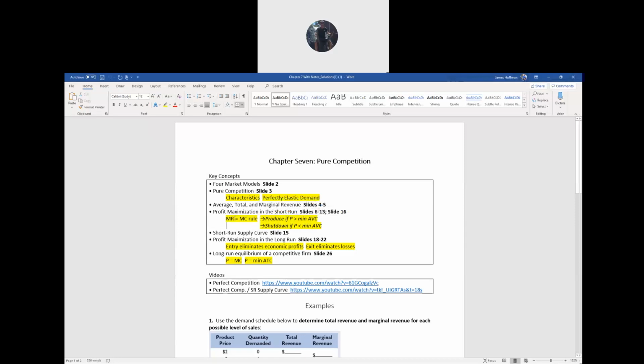If you find this situation and the price is below the minimum point of the average variable cost, it's not going to work out. You want to shut down. So once you find this, for the firm, check to see where the price is. If the price is high enough, produce. If the price is too low, it's too costly for you as a firm, and you're going to want to shut down.